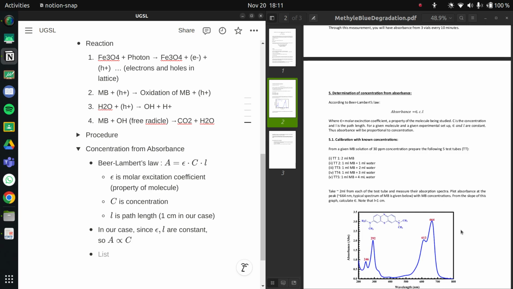So the molar extinction coefficient, C concentration, and the path length of the molecule. So absorption is proportional to concentration. Establish a relation with known concentrations, with the following 5 test tubes. So this was just the calibration.